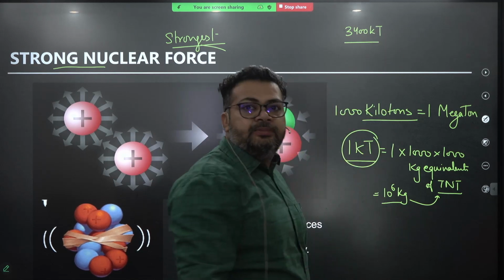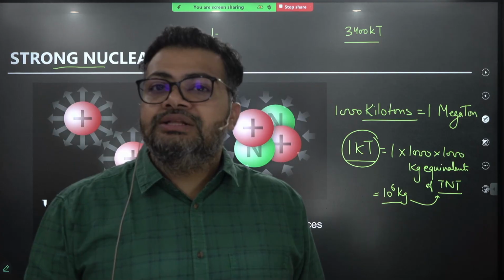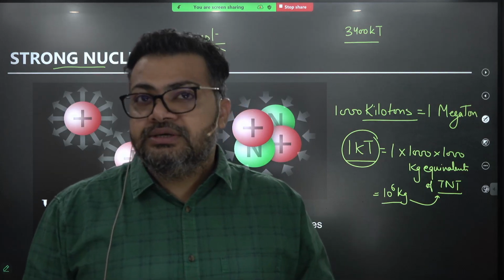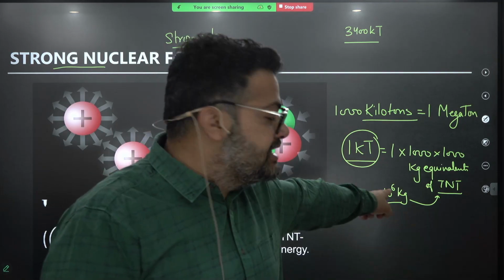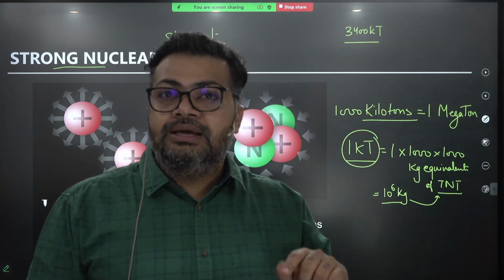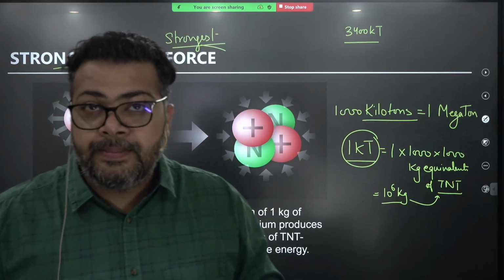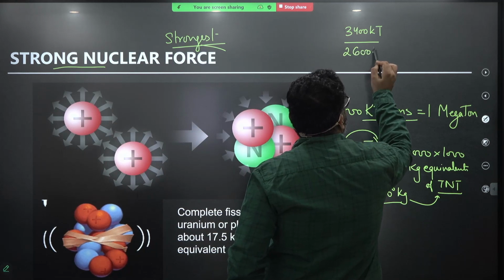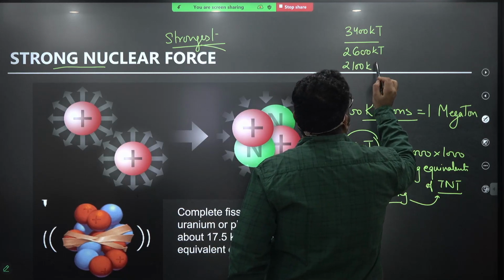Remember, 1 million kg of TNT is 1 kiloton. If 1 million into 3400 is burnt in one single go, that is the energy released in just a nuclear test by Russia. When Americans conducted their last nuclear test, they produced 2600 kt. When Chinese conducted their last nuclear test, they produced 2100 kt.